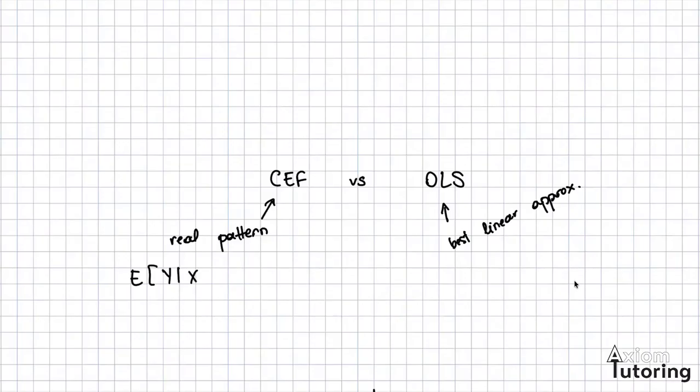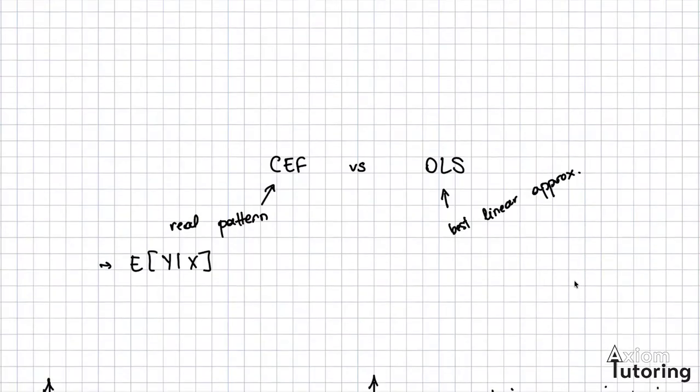So the y conditional on x. Again, if we have x, which we can observe, and we have to guess y based on that, the best predictor would be the expectation of y conditional on x. This is the best possible predictor.